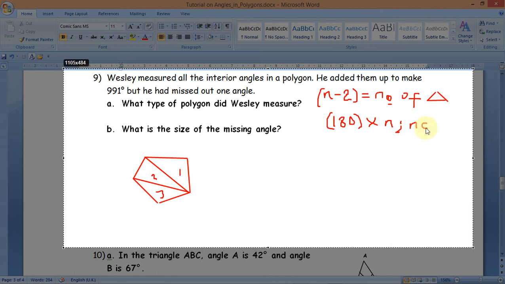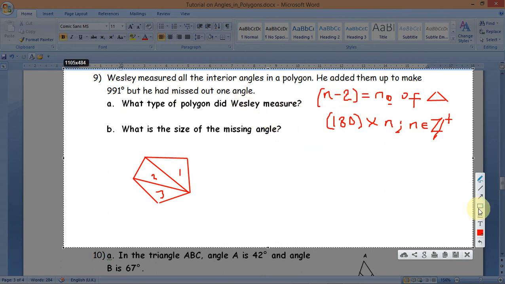So it must be a product of 180. For example, the sum of angles in a quadrilateral will be 180 times 2, because a quadrilateral has 2 triangles, 4 minus 2, so that will be 360.